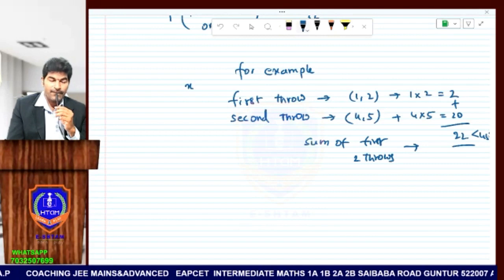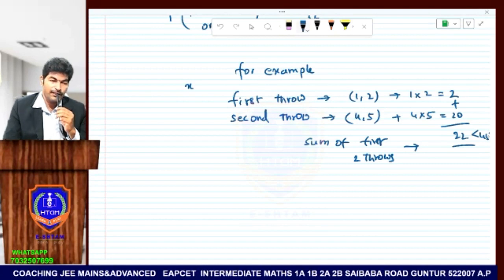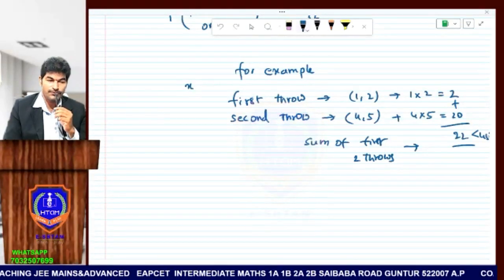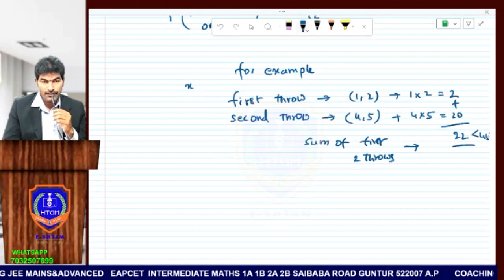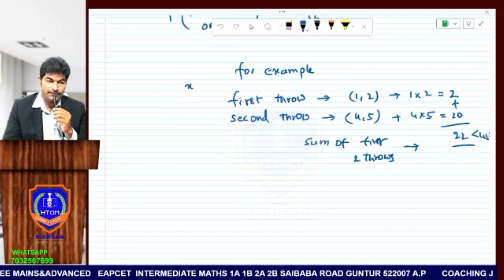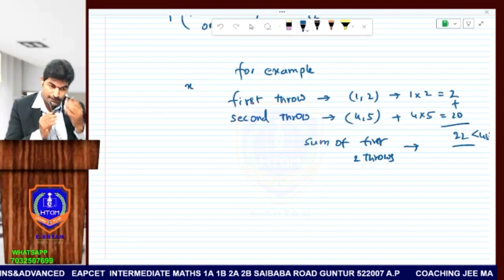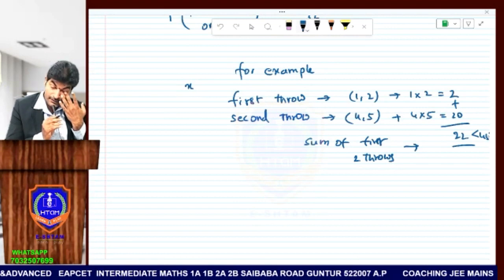So in this way, we have to calculate the required probability for the first two throws. On the first throw, how many possibilities do we have to count? They are independent, right?